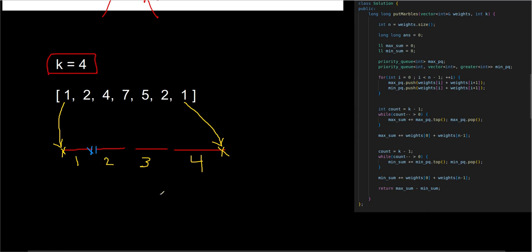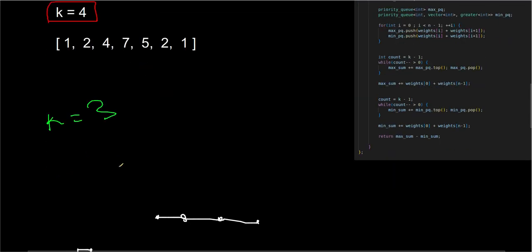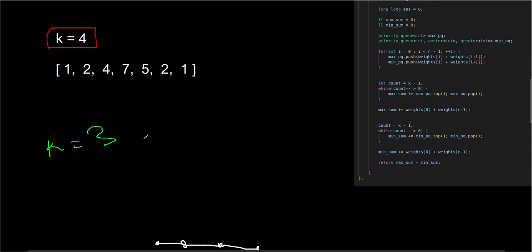So for example, if we have k equal 3, we need 3 segments. Segment 1, segment 2, segment 3, which are for bag 1, bag 2, bag 3, and again these are known, and we need to find the maximum 2 pairs.